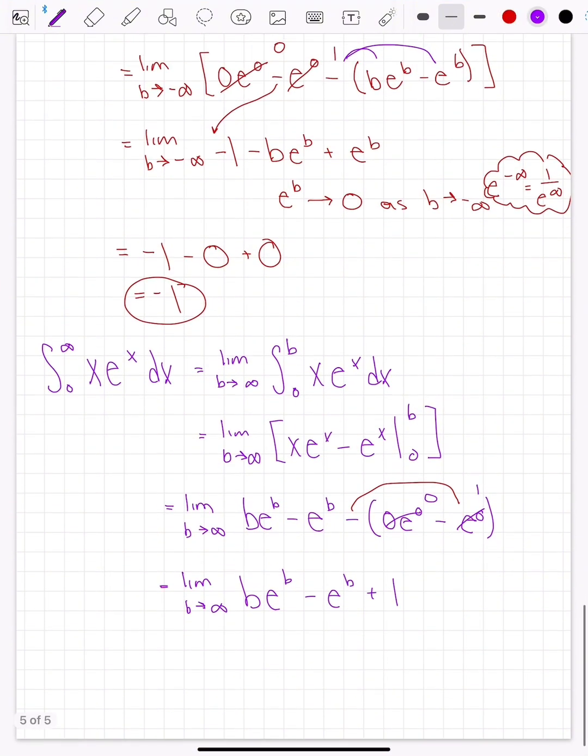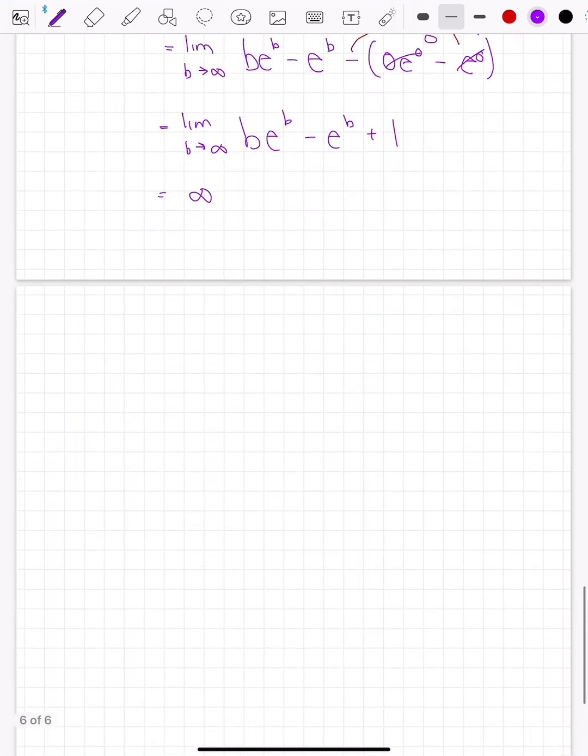And then as it goes to infinity, this is going to get huge, this whole thing is going to get huge, and this thing is even bigger than this thing. So this whole thing is going off to infinity. So that one diverges.